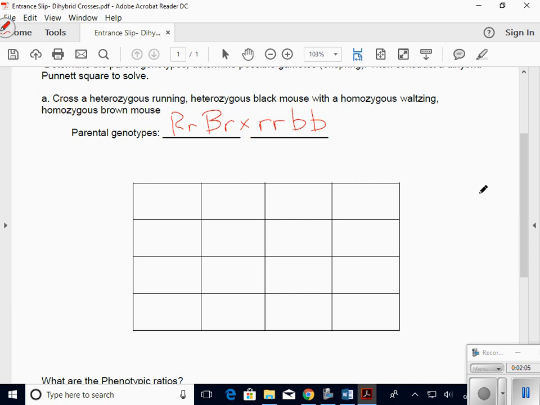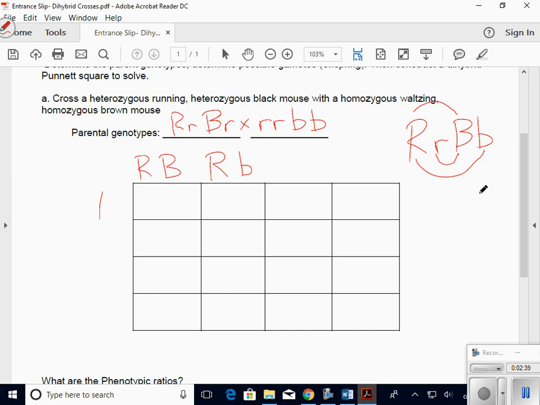So what we will do now is determine our gametes. I am going to use what we describe as the FOIL method. We're going to start off with big R, little r, big B, little b. The FOIL method: first, capital R, capital B. Outside, capital R, lowercase b.